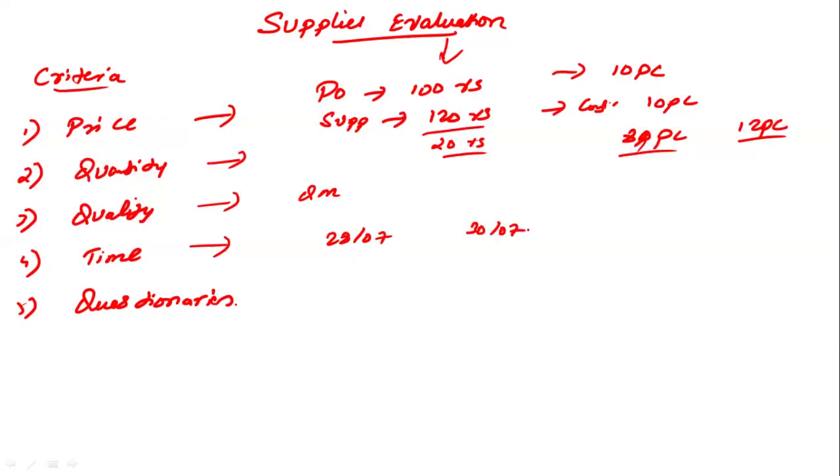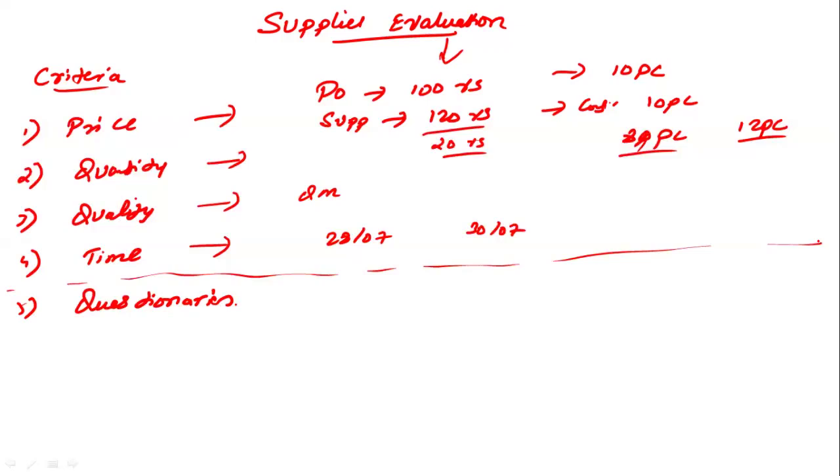For all these criteria we discussed till now, the system is going to calculate automatically. You don't have to do anything. The only thing we need to do is figure out which criteria is applicable for which supplier, and what is the weightage of that criteria.